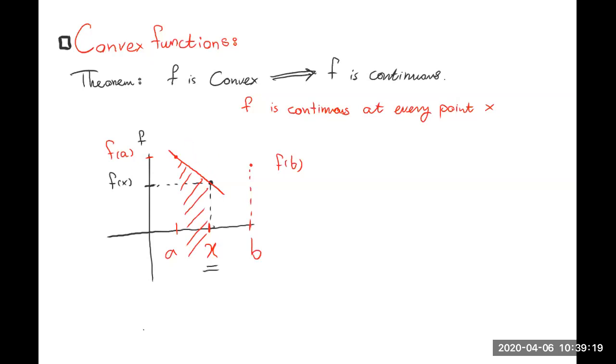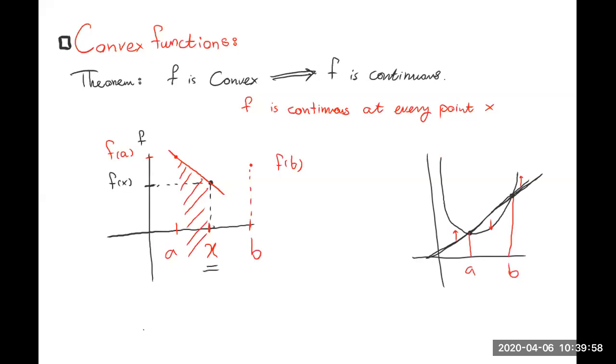Okay. Now, let's look at a picture of the graph of a convex function. Whenever we connect 2 points, this line is above the function between these 2 points. But it's always below the function outside them.